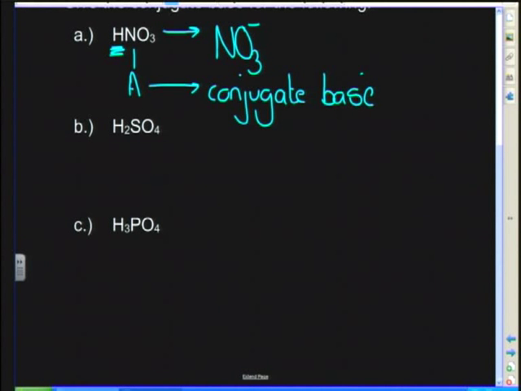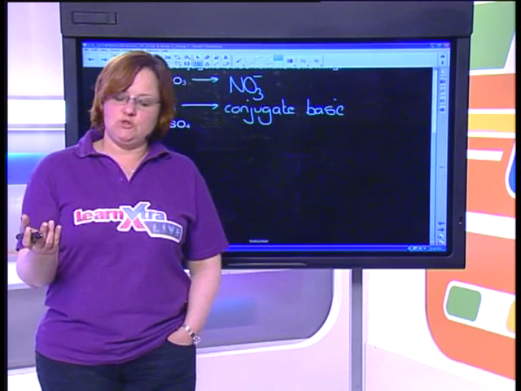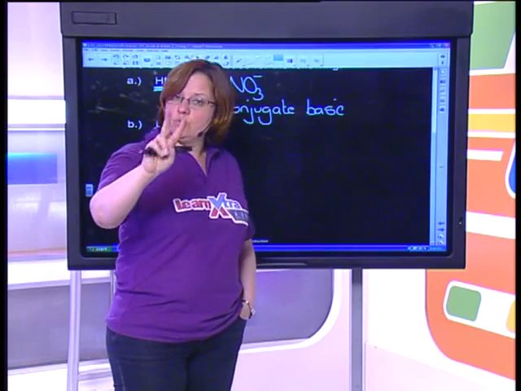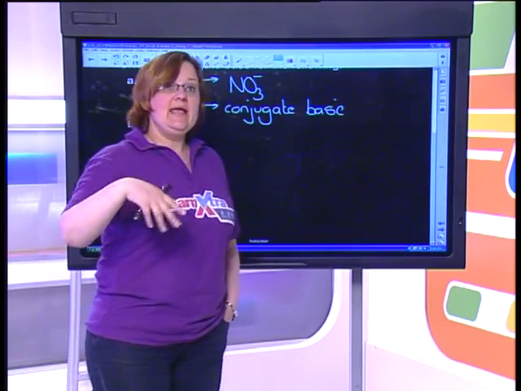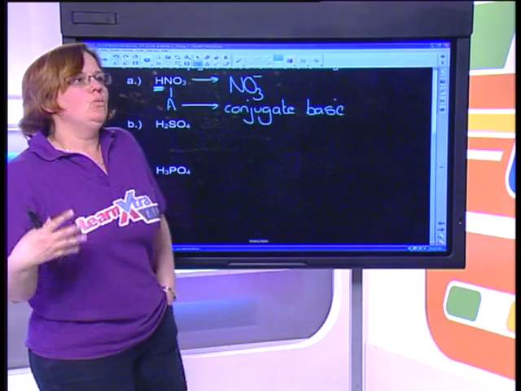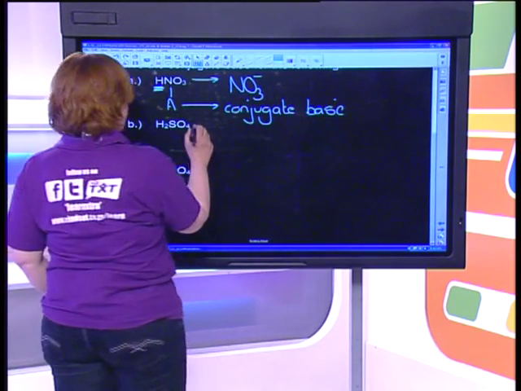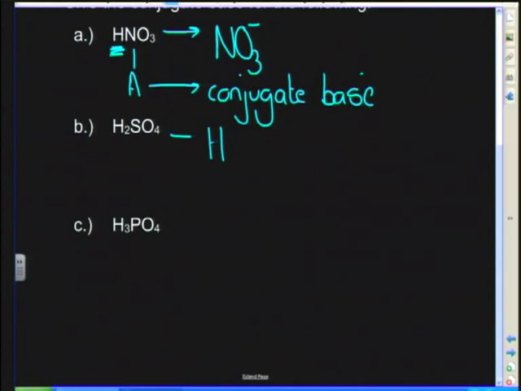So here's my acid. This is my conjugate base. So go to the next one, H2SO4. Now H2SO4 is quite special because it has the ability to give away 2 protons. If it only gives away 1, which is very unusual but can happen, we end up with HSO4 minus. Why only minus 1 and not minus 2?